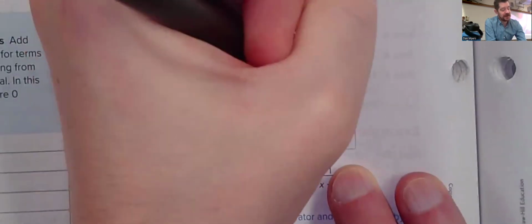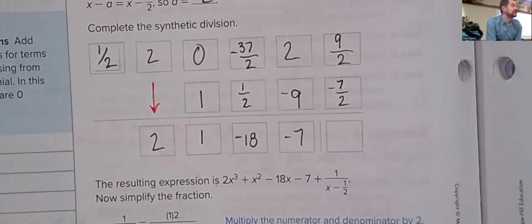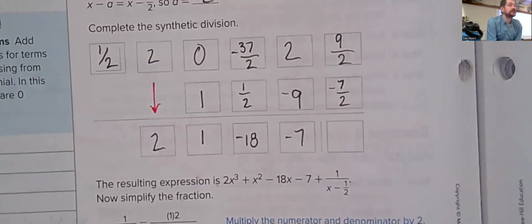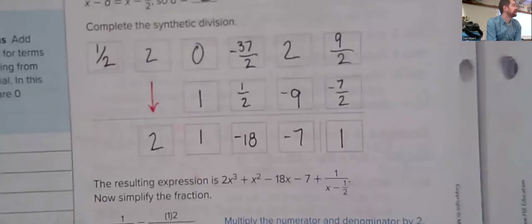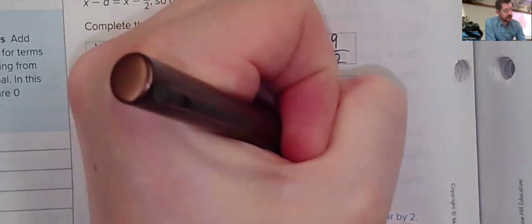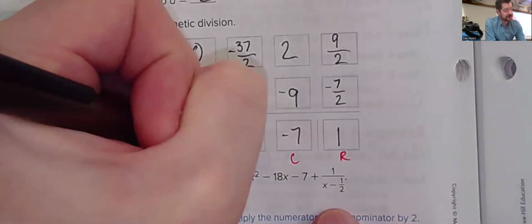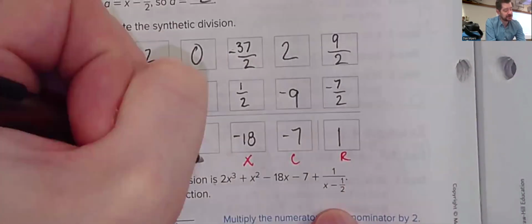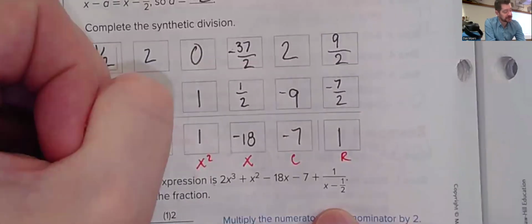Negative 7 halves plus 9 halves. Yeah, 2 halves or 1. So we've got our remainder of 1. We have our constant term of negative 7. We have our linear term of negative 18x. We have our quadratic term of 1. And we have our cubic coefficient of 2.